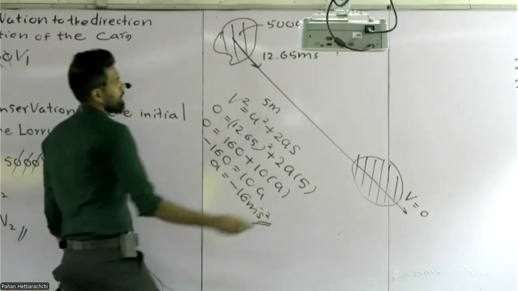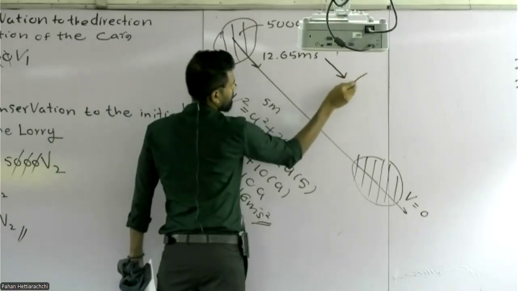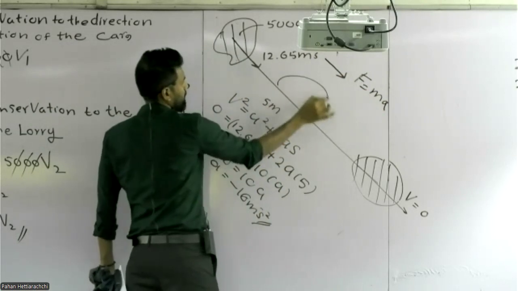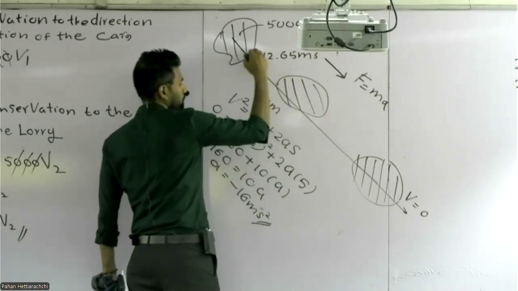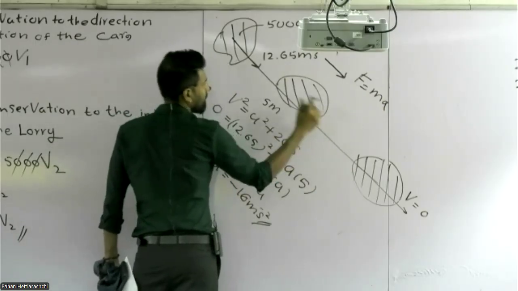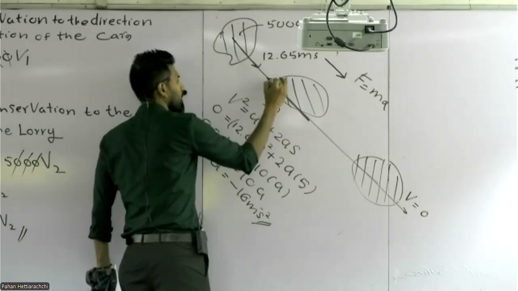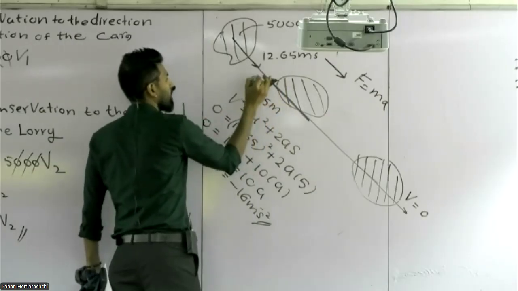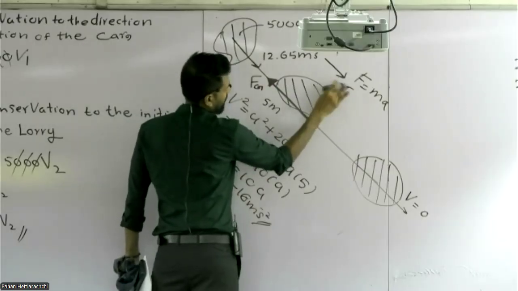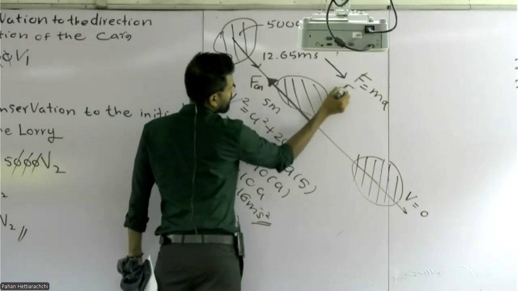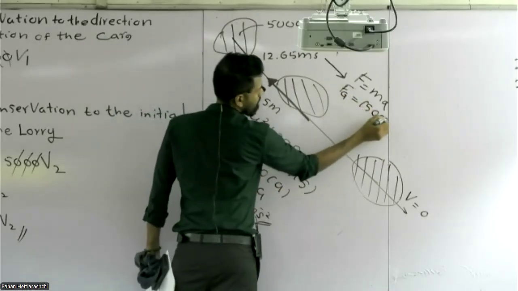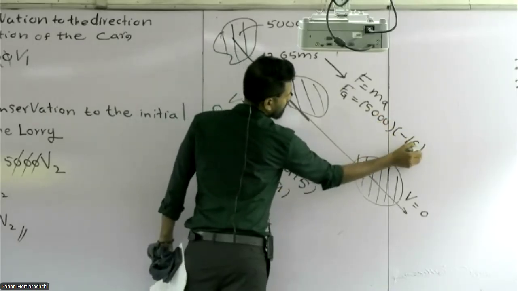If so, then applying F equals ma on this path, when the vehicle combination is moving forward, the acceleration is minus 60. Why is that? Due to the friction in the path. Due to the friction in the path, Fg, minus Fg, is equal to mass 5000 times acceleration minus 60.